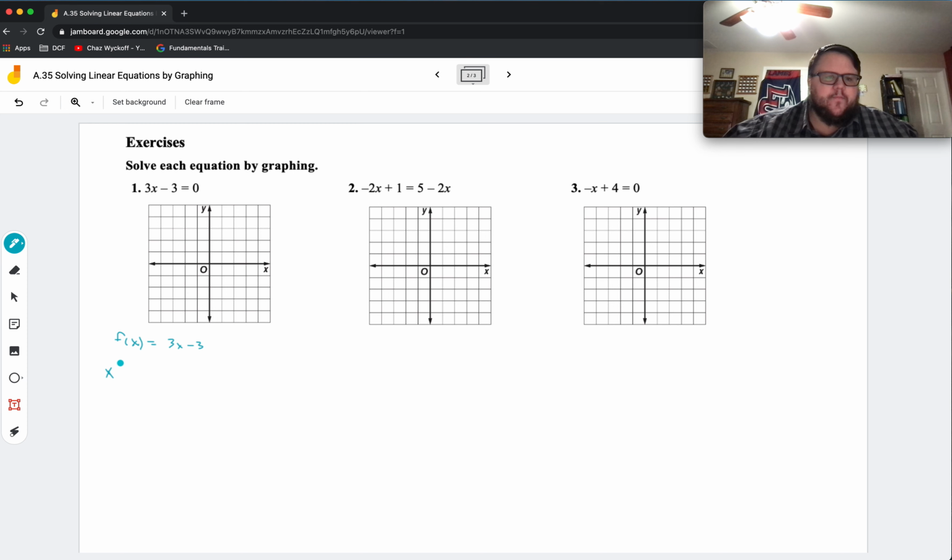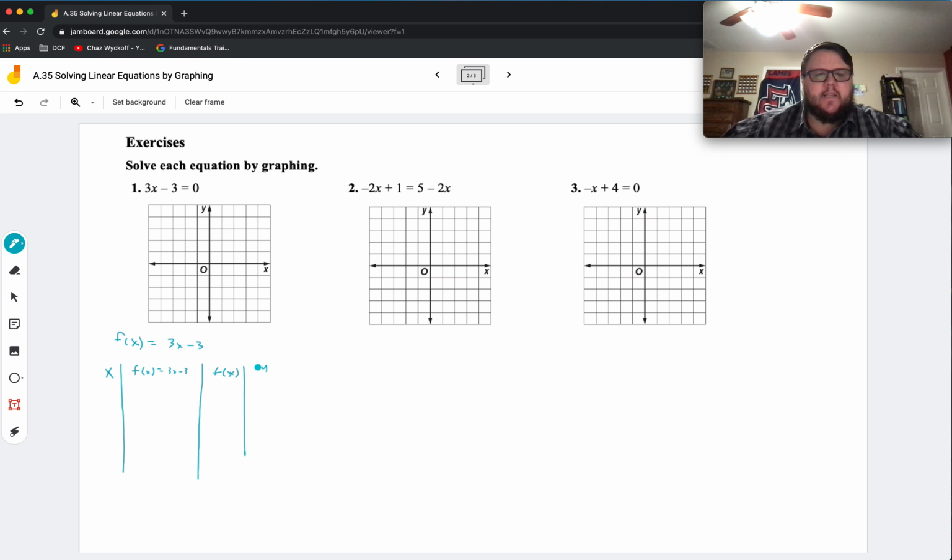X, f of x. I'm going to make that a bigger one because I'm plugging in, and then whatever that gives us, we'll put f of x equals 3x minus 3, and then whatever our value is, f of x, and then we'll call this one y.